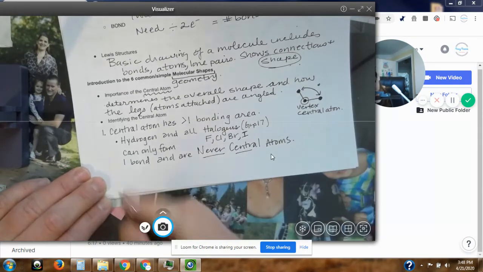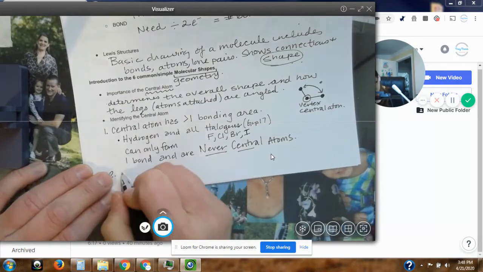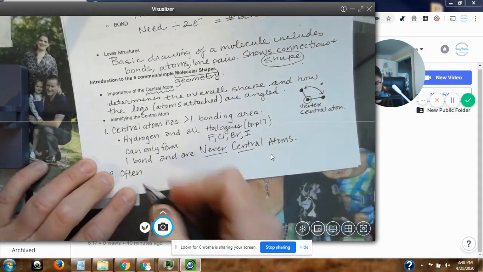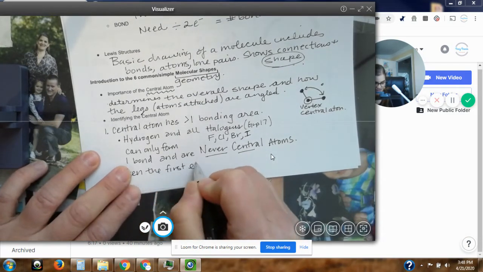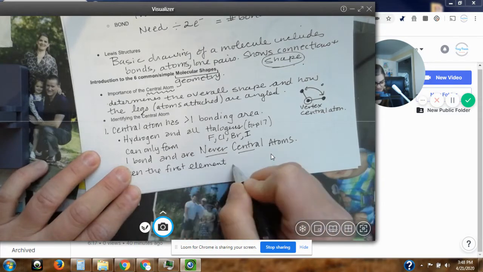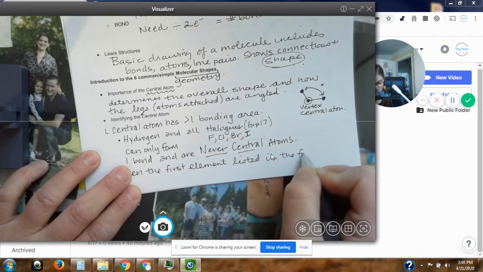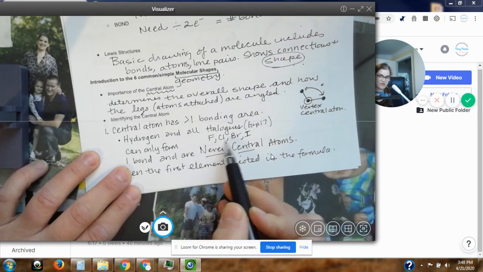The second thing in identifying the central atom is this. It's often, like I'll say 90-ish%, often the first element listed in the formula. Unless, of course, it's hydrogen or fluorine, chlorine, bromine, or iodine.